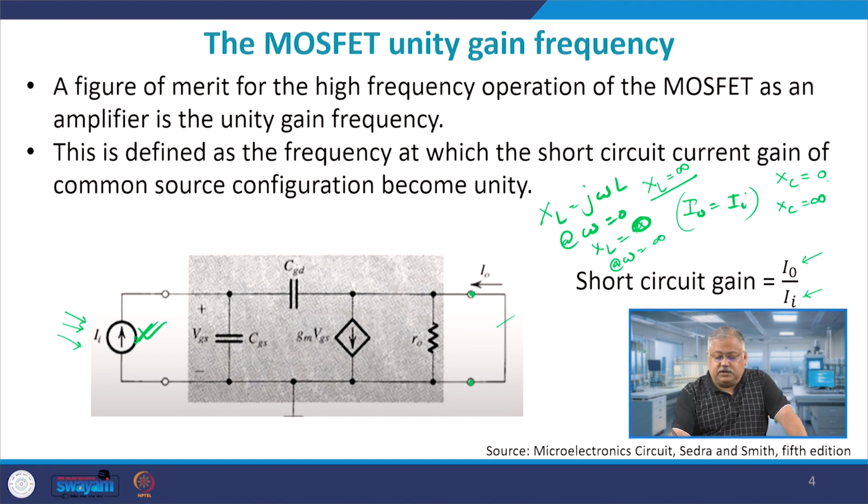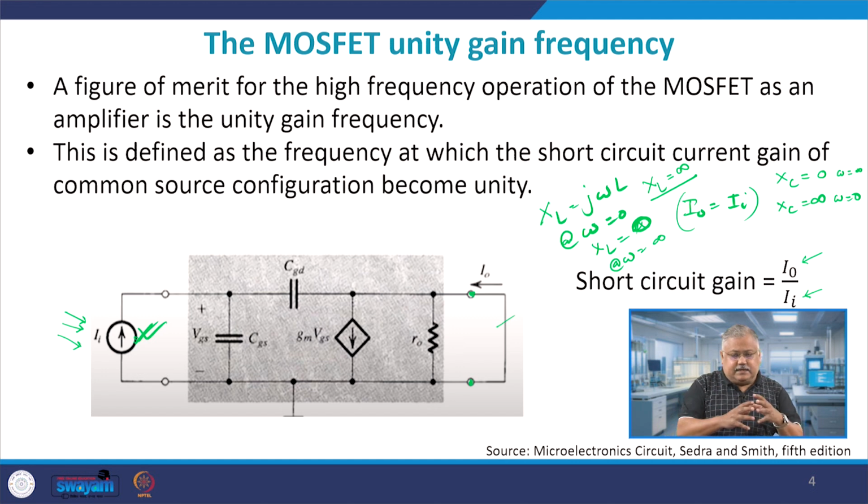So, XC will be 0 when your omega equals infinity, right, and when omega equals 0, your XC will be equal to infinity. So, when you have a DC bias coming into the picture, obviously it will become open circuited, and when you have a high frequency AC signal, the value of XC will go to 0.